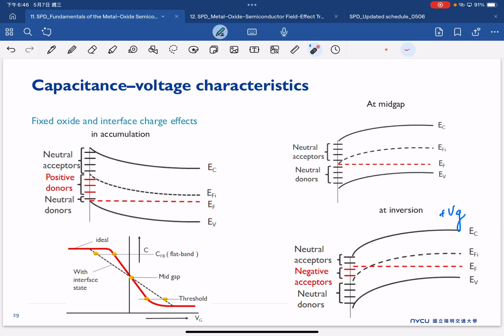Then you will actually have more interface states below our Fermi energy, so more states start trapping as negative acceptors. This is because at this moment we have more acceptor states below our EF.